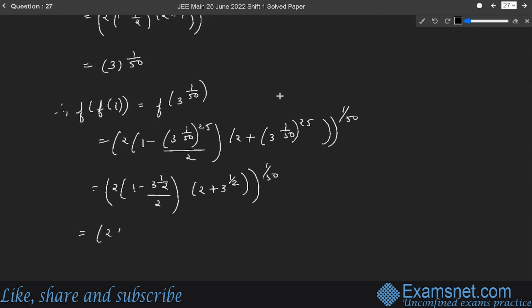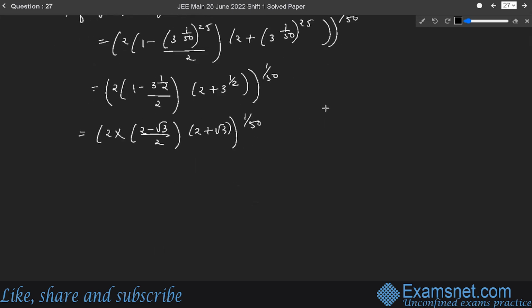So this will be equal to (2 into (2 minus root 3) by 2 into (2 plus root 3)) whole power 1 by 50. This will be equal to ((2 minus root 3) into (2 plus root 3)) whole power 1 by 50. So it will be (4 minus 3)^(1/50), which is equal to 1^(1/50), which is equal to 1.